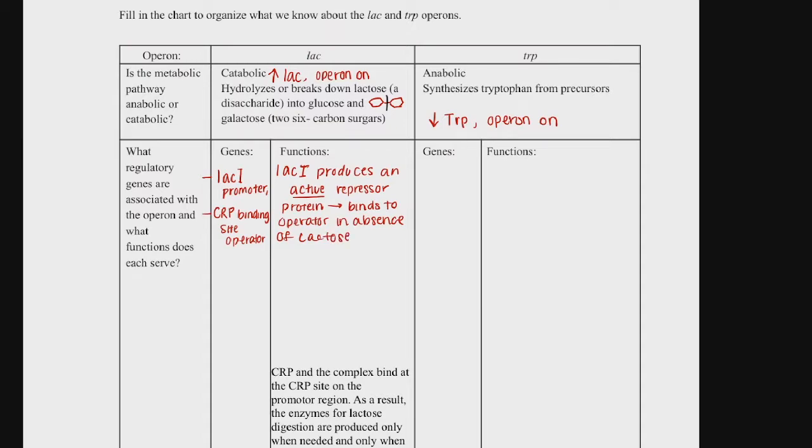And the promoter is the site where RNA polymerase binds to the DNA, and binding of RNA polymerase is enhanced when cAMP interacts with CRP and forms a complex.